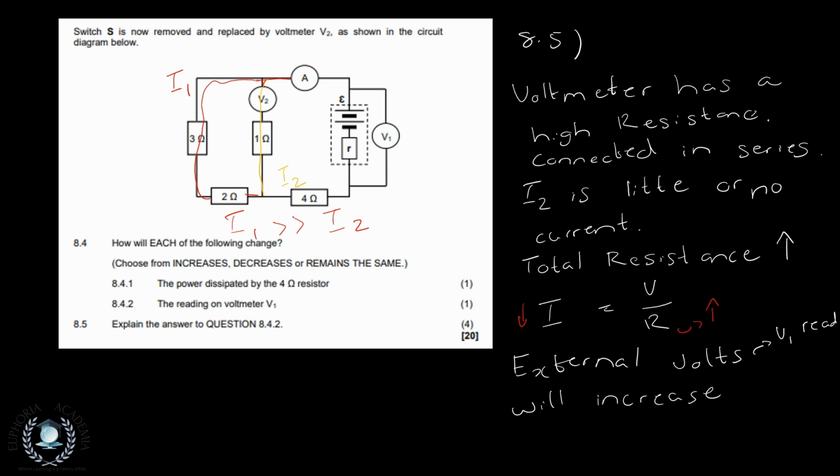But yeah, that's essentially it. So we're going to have 4 voltage drops compared to 4 voltage drops. But remember that the voltage drop across V2 will now be quite high, right? And that's our answer for 8.5, and that concludes our question 8.